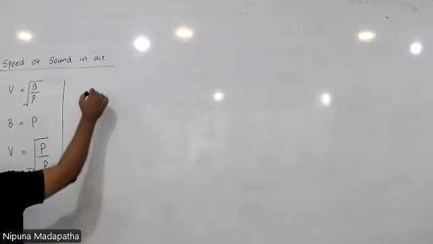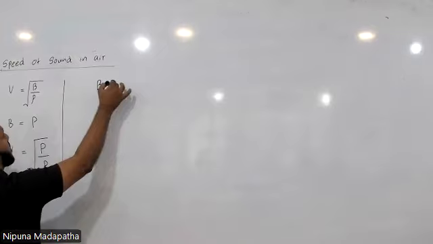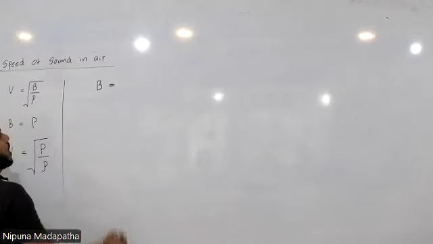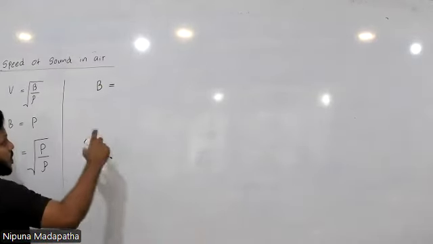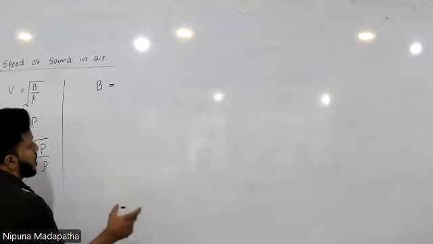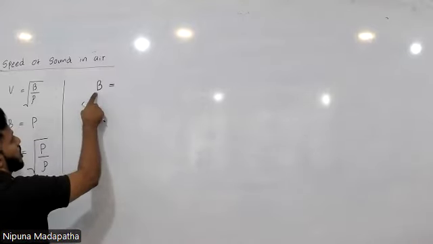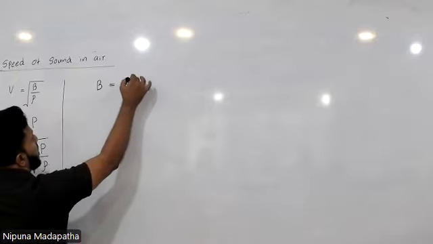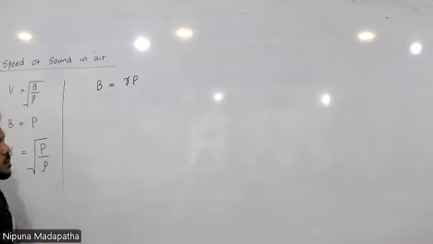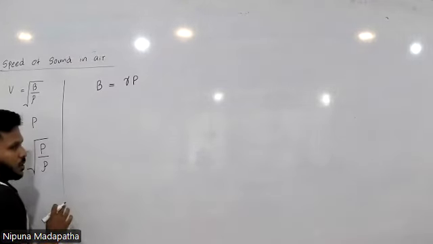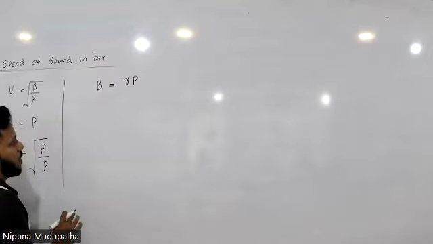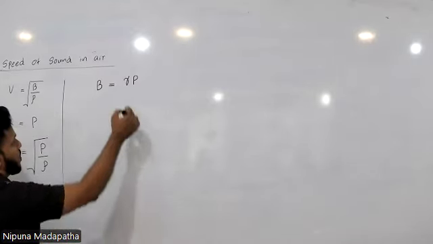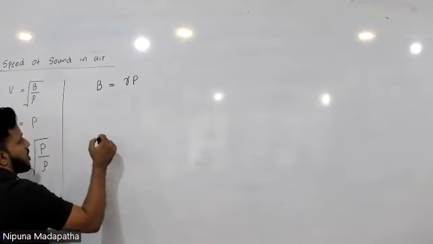He thought that when a sound wave propagates in an air medium, the process is adiabatic. Therefore, the bulk modulus is given by gamma times P. Not only the pressure is the factor that decides the speed; it also involves another quantity, which is gamma. I will calculate this quantity after mentioning the expression.